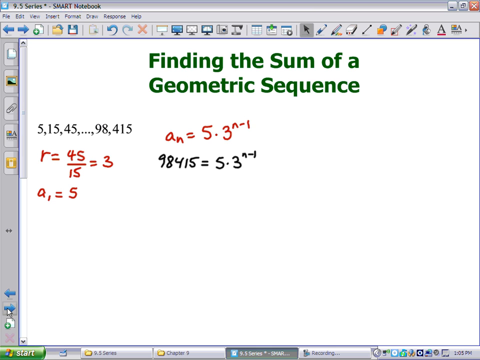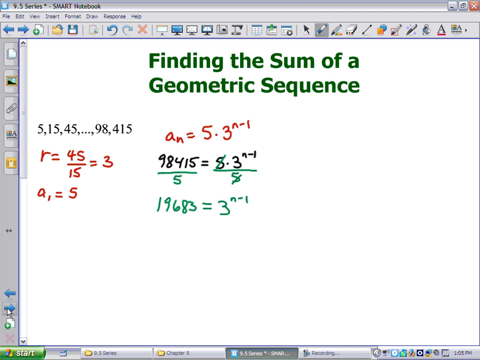Now notice this is an exponential equation, and in order for me to solve this, I need to get the 3 to the n minus 1 by itself. So we're going to divide both sides here by 5. This equals 3 to the n minus 1 power, and 98,415 divided by 5 is 19,683. Now, we have to remember, how do I drop down that exponent?